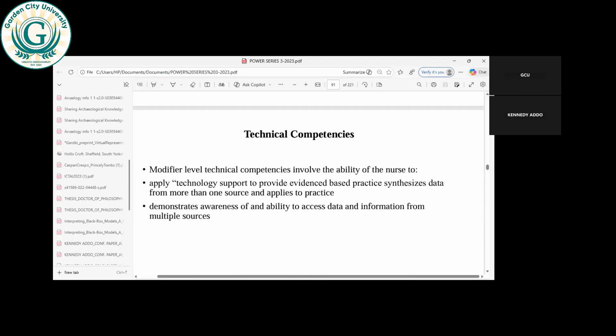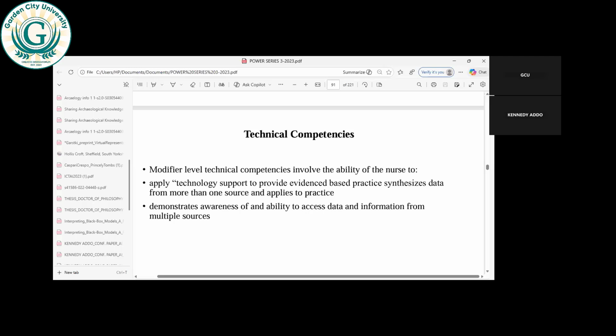But let's also try to look at it from this point of view. Whether a modifier or intermediate level, you have all these quality traits in terms of technical competencies. You apply technology support to provide evidence-based practice, and again, synthesize data from more than one source and apply it to practice.